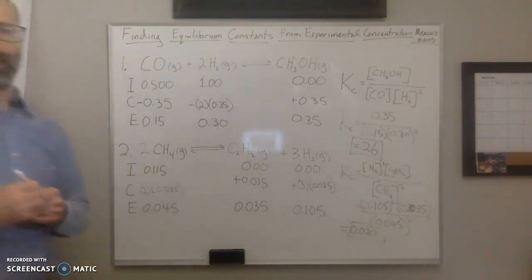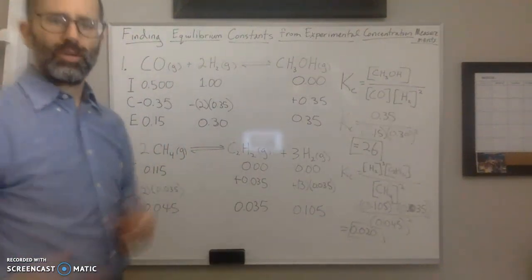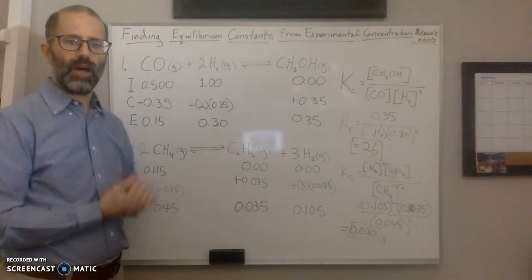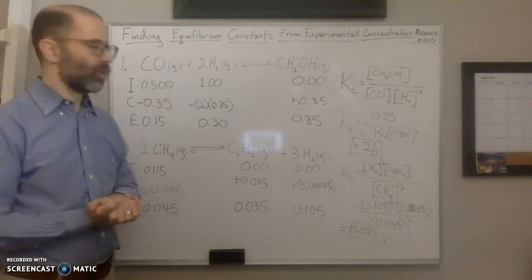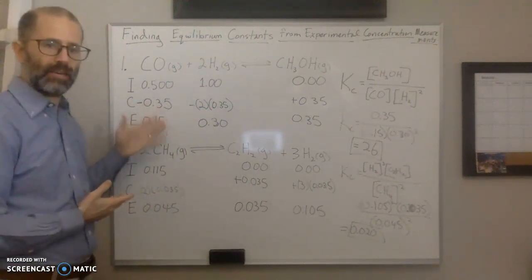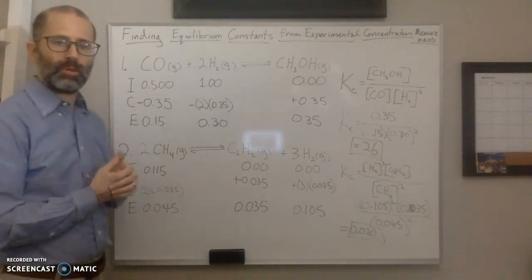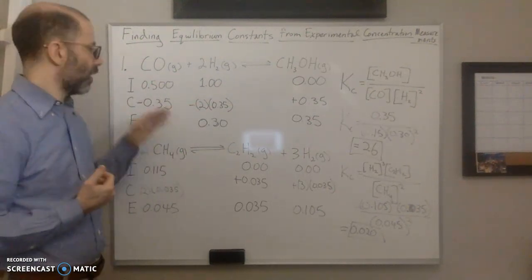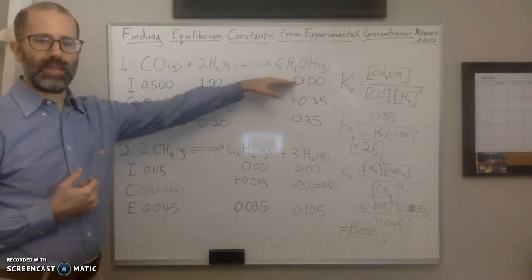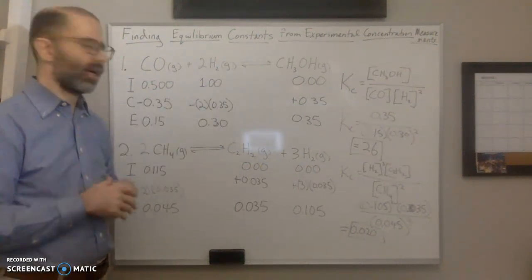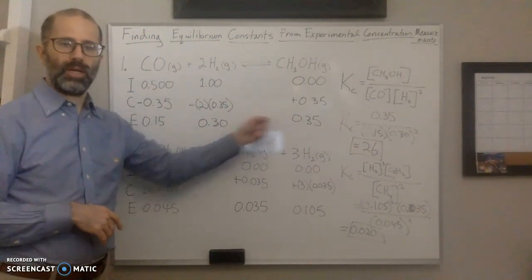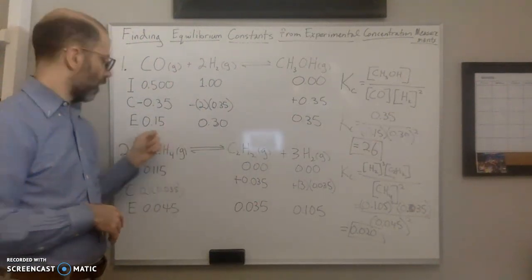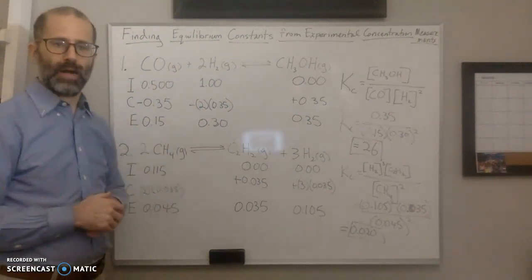And so that's it for this video. These 2 problems show how you use your ICE table. The problem is going to give you a balanced equation. They're going to give you the initial conditions, and then they have to give you one of the equilibrium concentrations of any of your products or reactants.